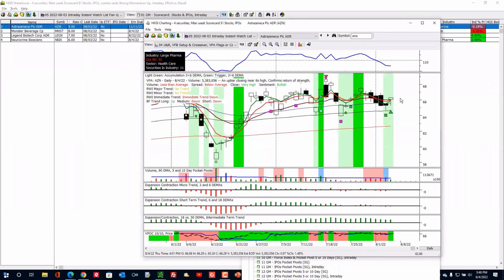So you can see it's a pullback stock, and these are low risk entry. Doesn't mean they're going to go up, but they're low risk, and you can set up your sizing pretty easily. And if you have my spreadsheet, you can put them in there quickly and know how much you're going to risk, or you can use this little tool right here.